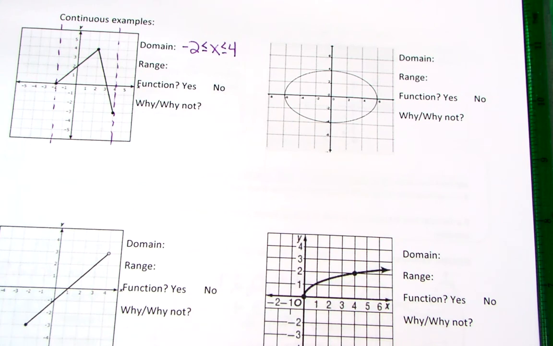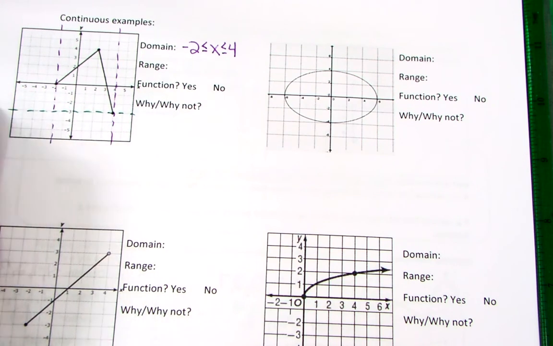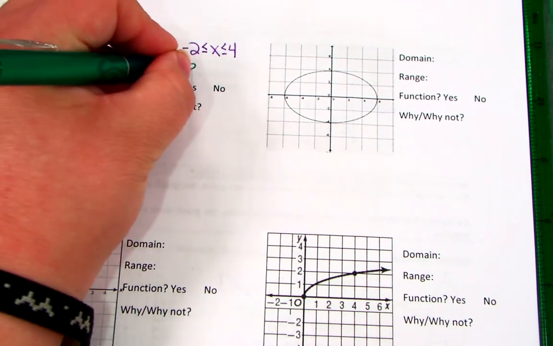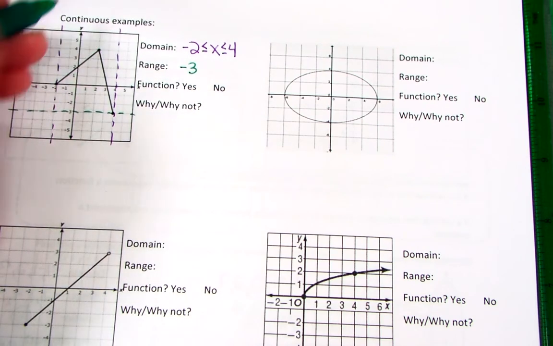Let's take a look at what the range. Range is up and down because the y-axis moves up and down. So I'm going to find what's the smallest that it would be. What's the furthest down that this graph goes? It goes to -3. What's the furthest up that it goes?